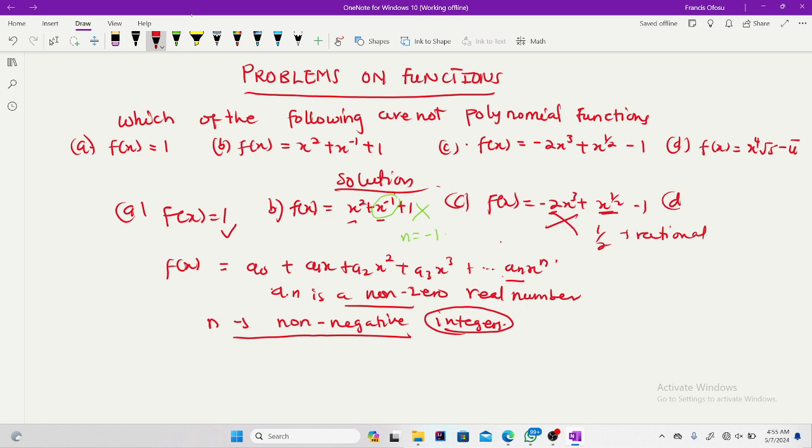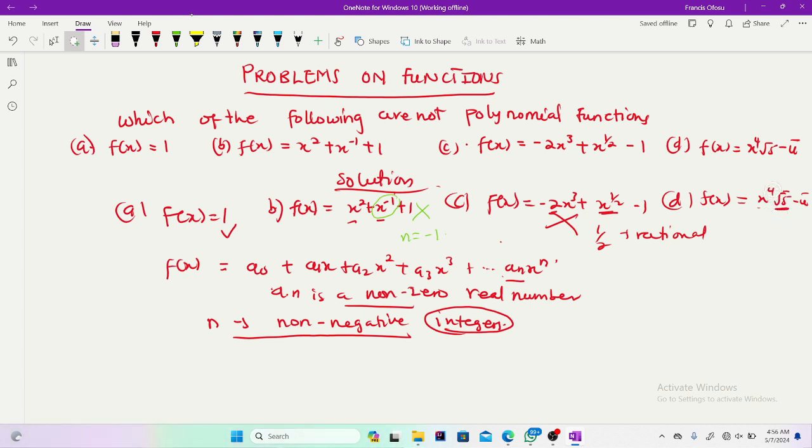Now let's finally analyze f of x, which is equal to square root of 5 times x to the power 4 minus pi. So here our coefficient is square root of 5, and square root of 5 here too is a non-zero real number, right? It's a real number, so meaning it's true.